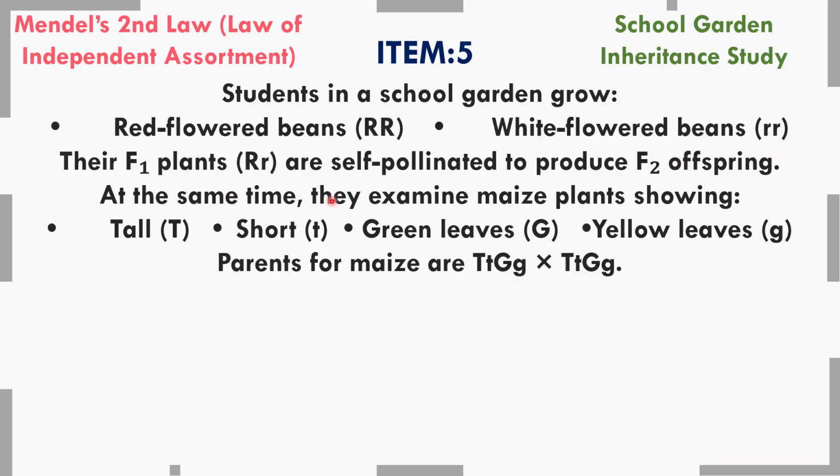At the same time, they examine maize plants showing tall, capital T, short, small t, green leaves, capital G, yellow leaves, small g. Parents for maize are capital T small t, capital G small g, crossed with capital T small t, capital G small g.